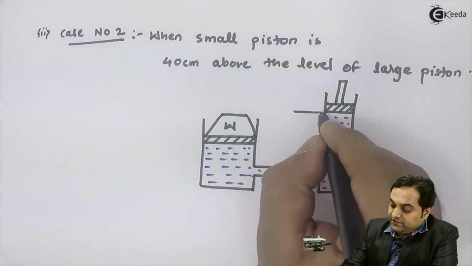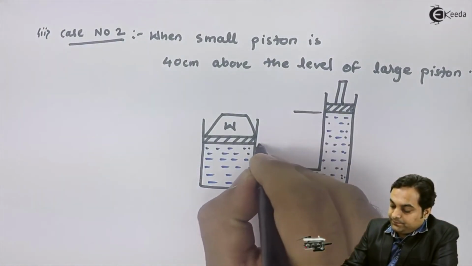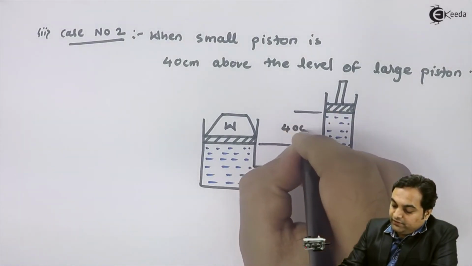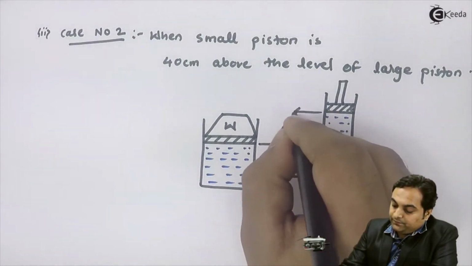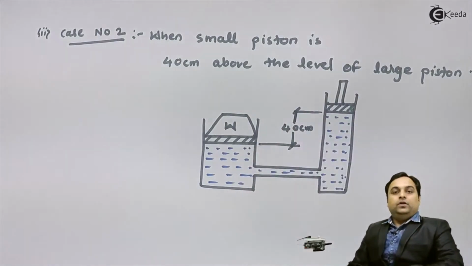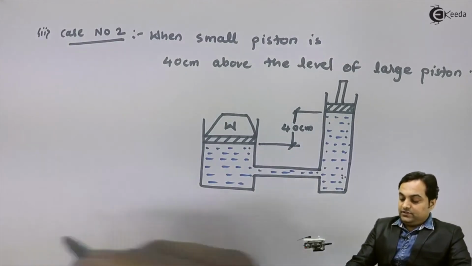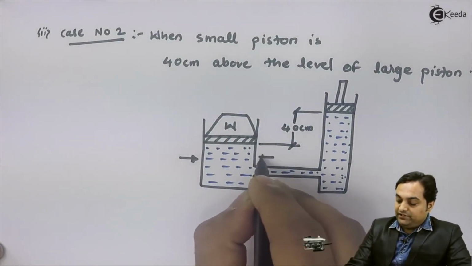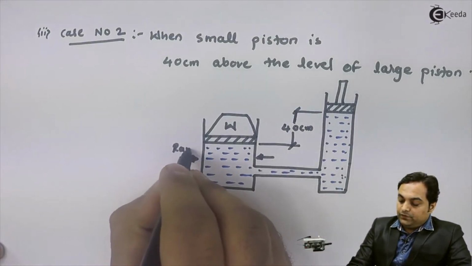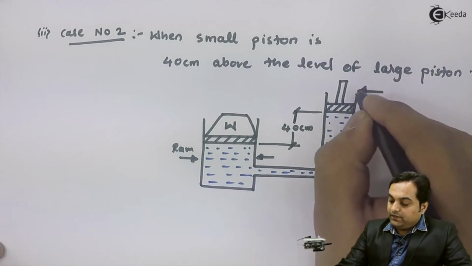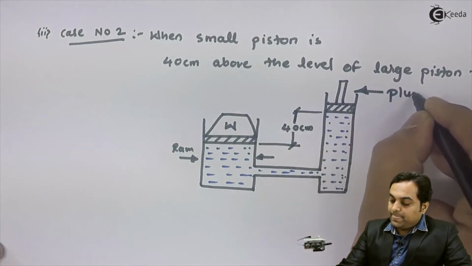So their difference in height is 40 centimeters. Again, this bigger portion would be called the ram, having greater diameter. The smaller portion is the plunger end, and here we have a plunger.